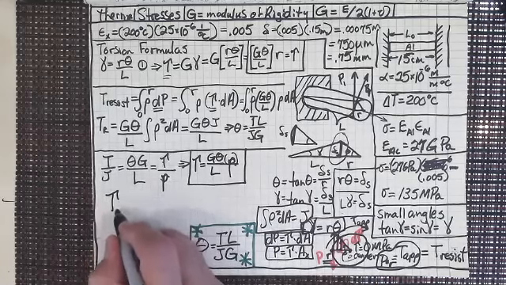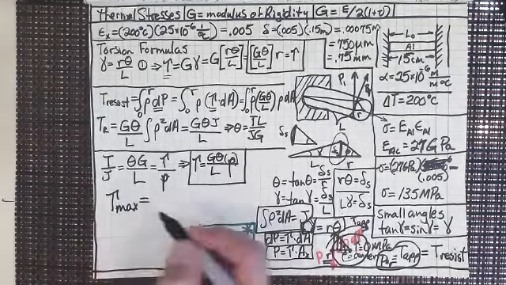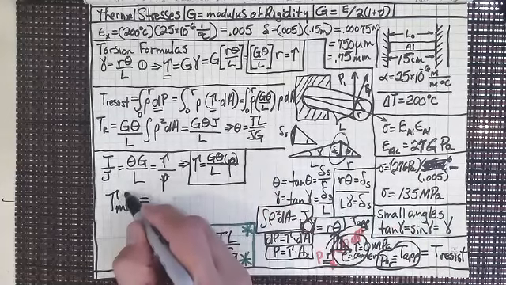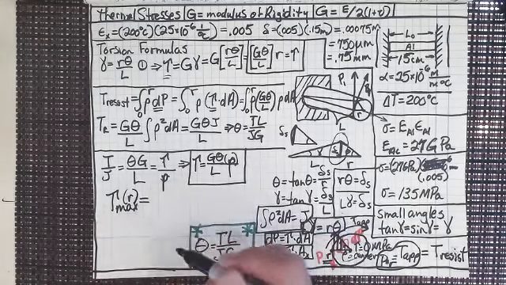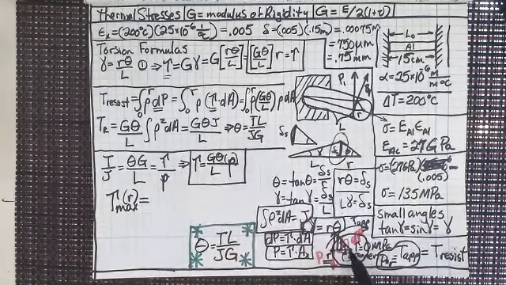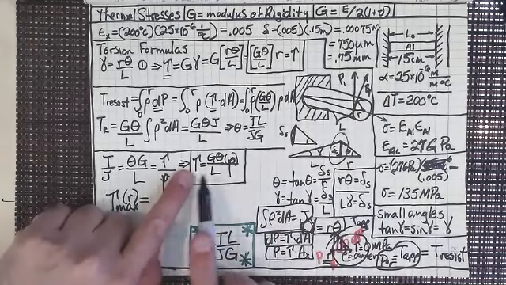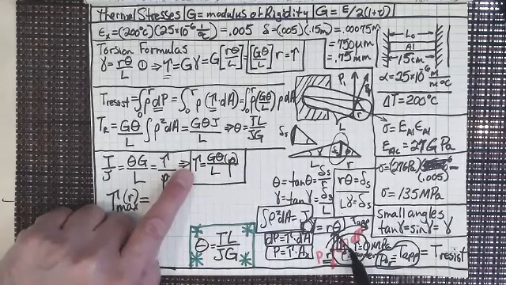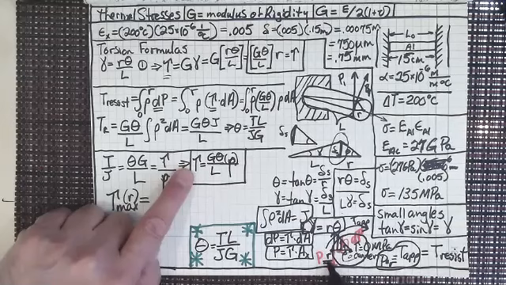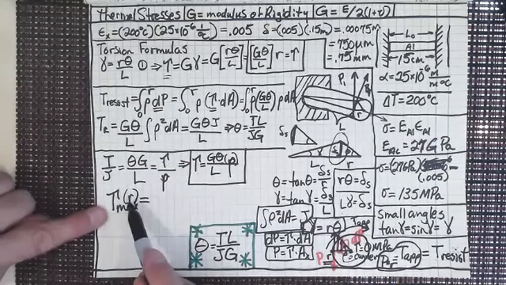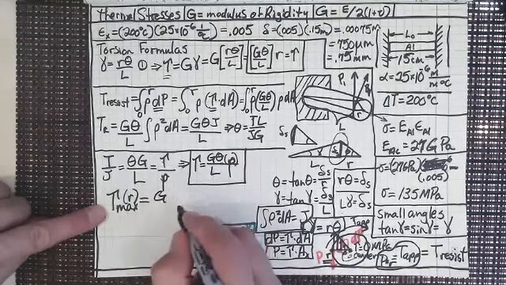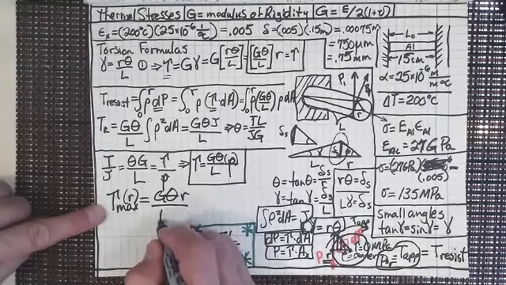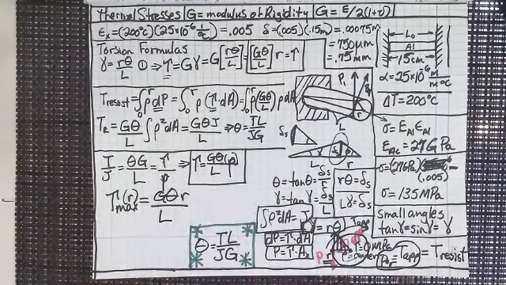So if I wanted to find the maximum shear stress, I would use R, because R is the maximum distance from the center. Since the stress is a function of rho, it is going to be 0 at the center and a maximum at R. So our maximum at R is going to be G times theta times R divided by L. Does everybody see that?